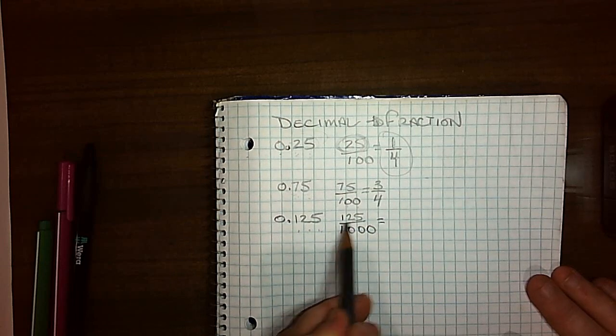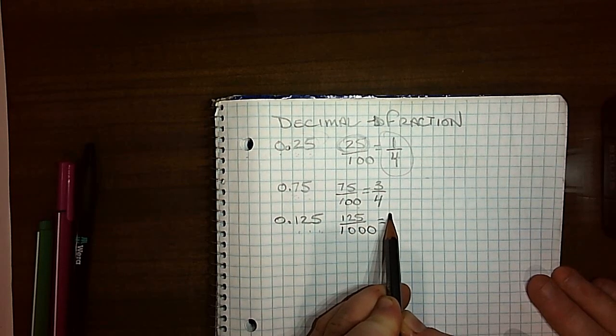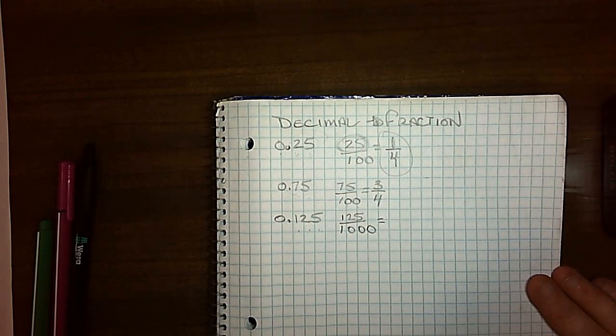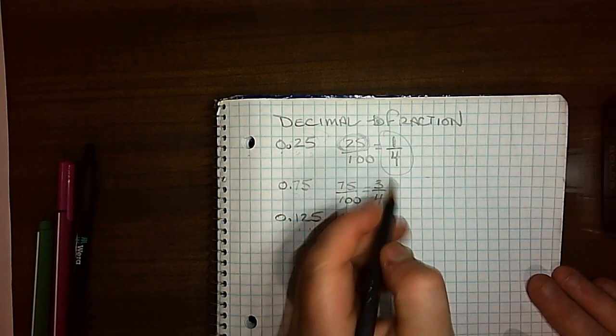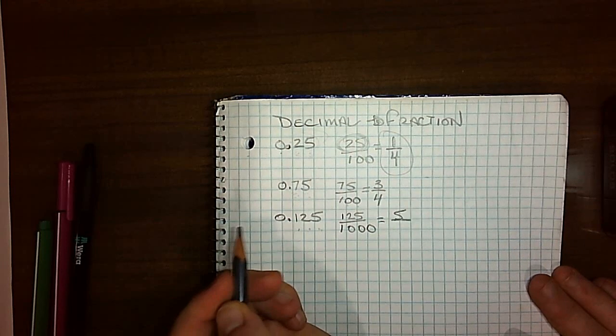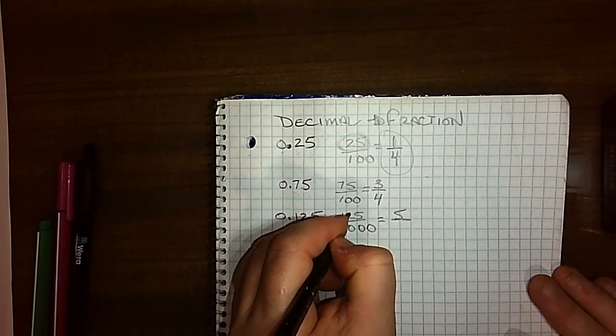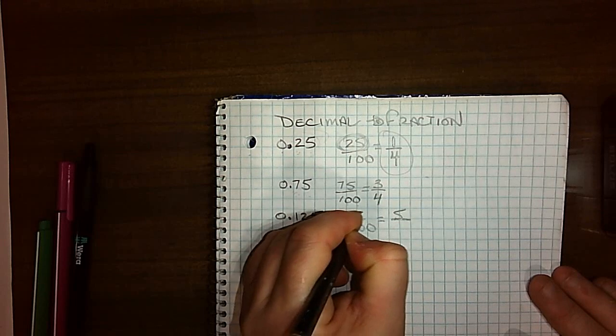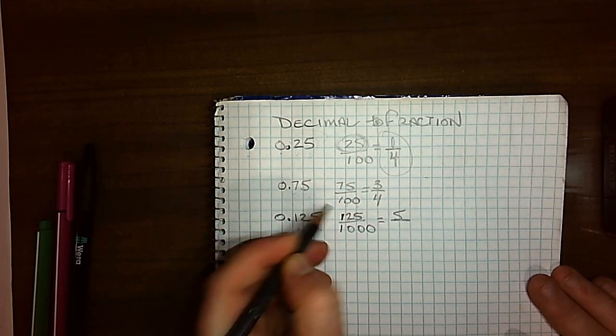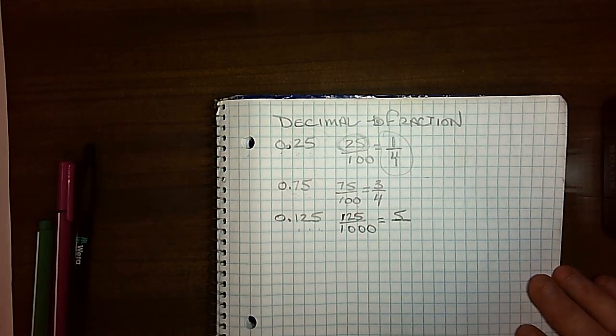And what does that leave us with? Oh, whoops, sorry, my bad. I'm sorry, my brain went somewhere. And then how many times does 5 go into 1,000?